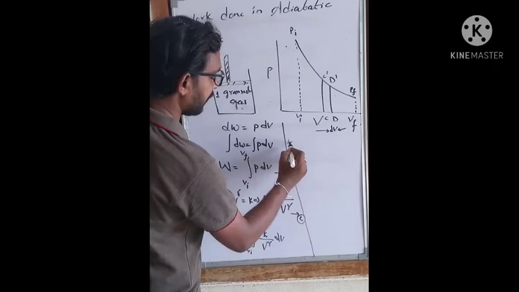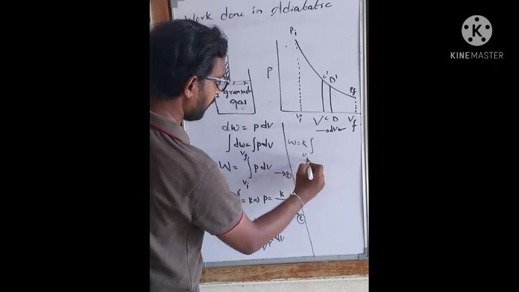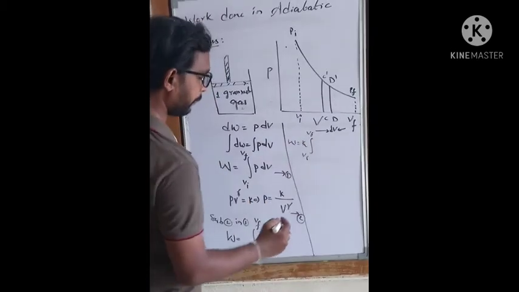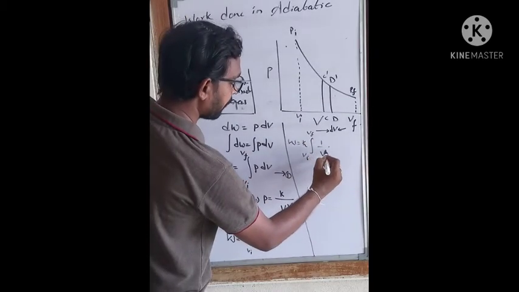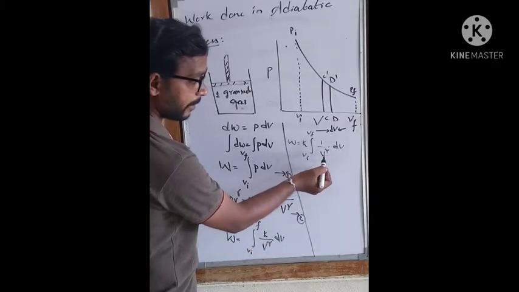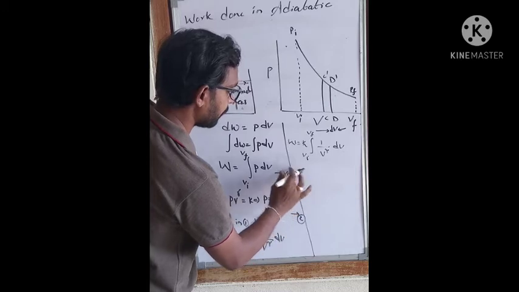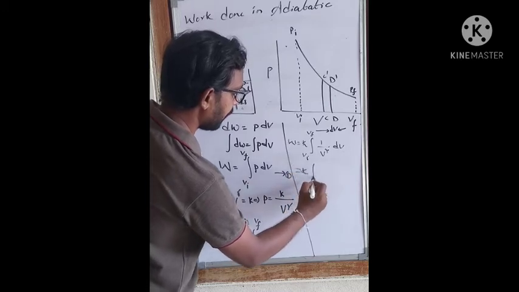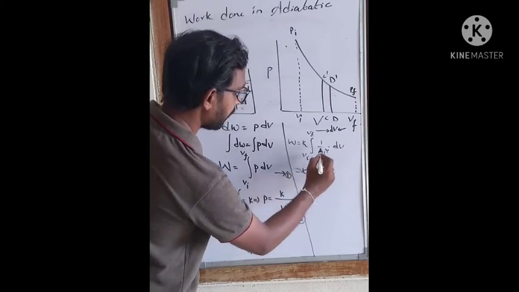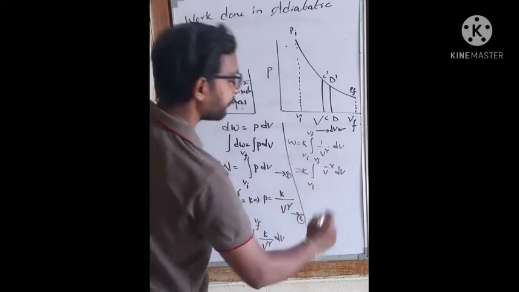Then finally we get W equal to K into integral Vi to Vf of 1 by V to the power of gamma into dV. Right? So let us send the denominator upwards. So W equal to K into integral Vi to Vf of V to the power of minus gamma into dV.